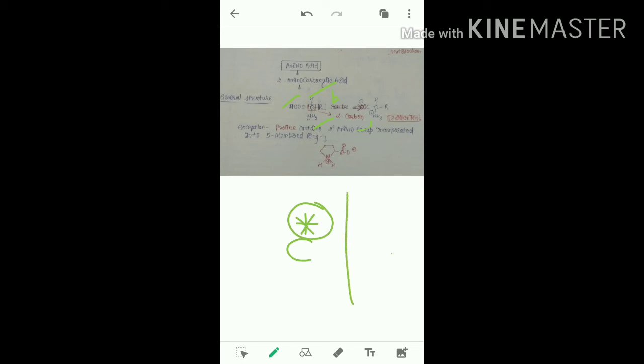It forms two different enantiomers, like D and L amino acids.